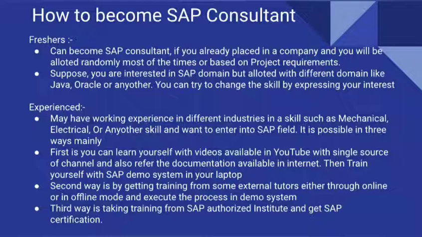Suppose you are working in production-related activities in industry and you want to switch into the IT industry, you have the module production planning in SAP. Like that you can choose your module based upon the scope or demand in the IT industry.